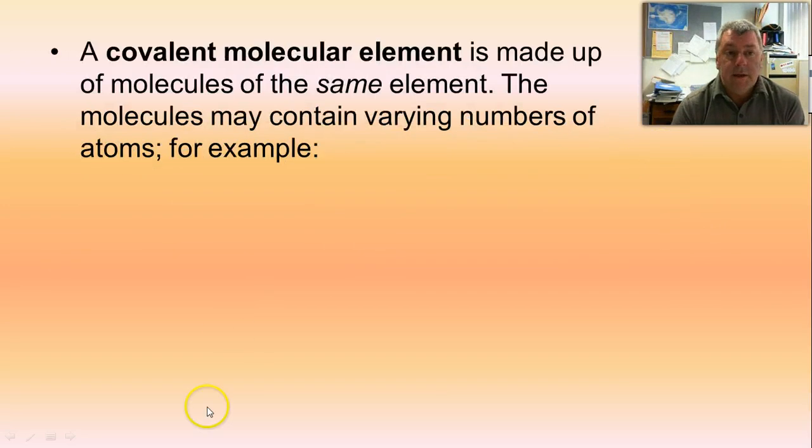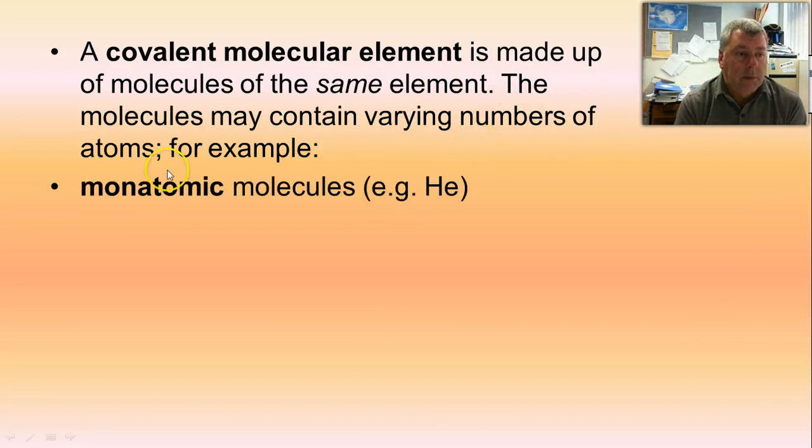A covalent molecular element, so a covalent molecular substance that's referred to as an element, is made up of molecules of the same element. Some examples. Monatomic. So here we have helium. It occurs as molecules.